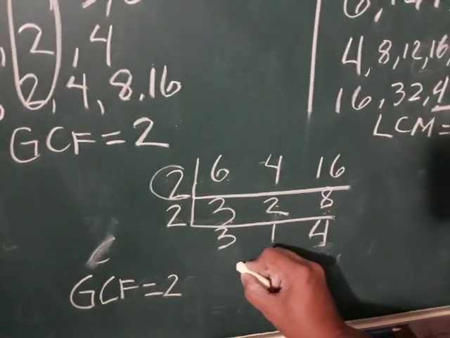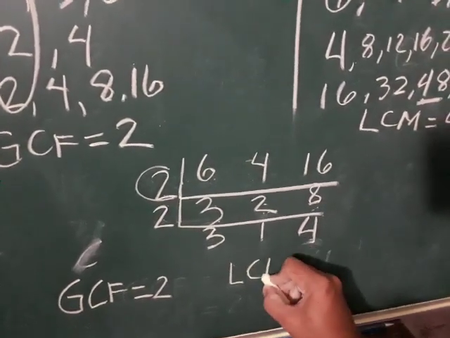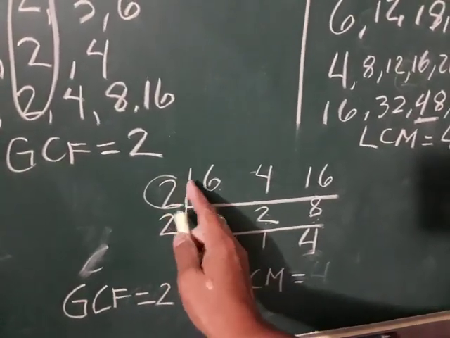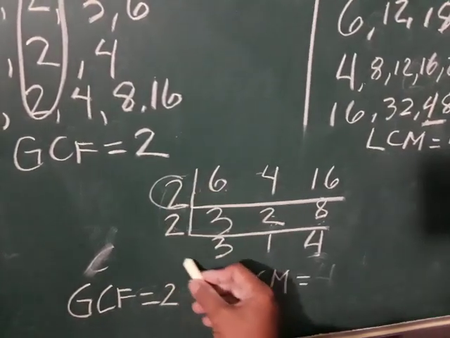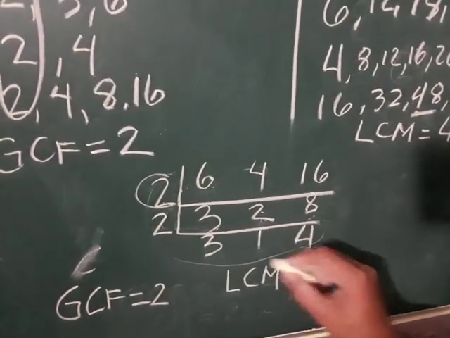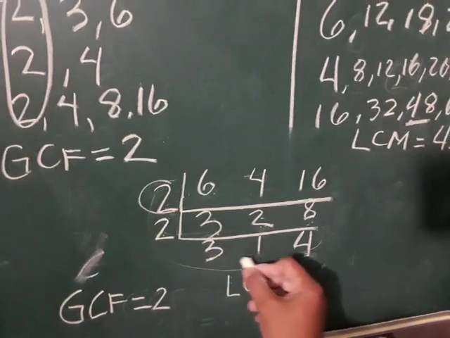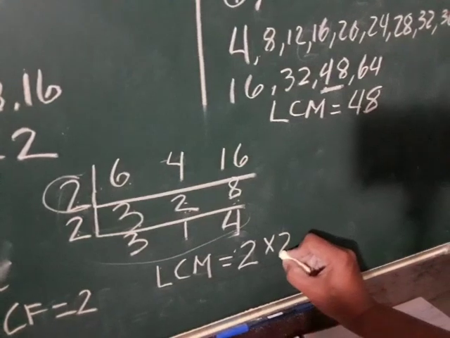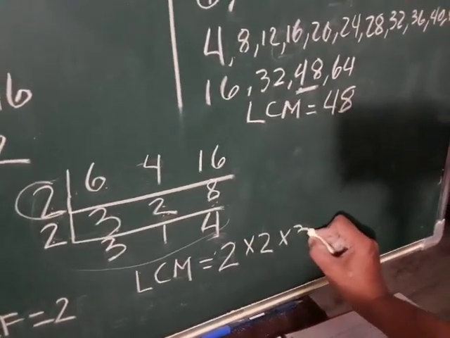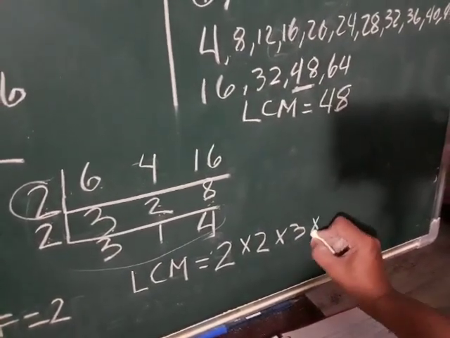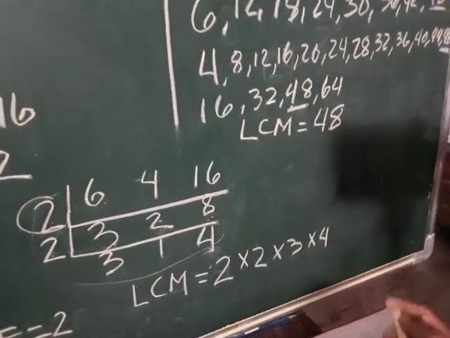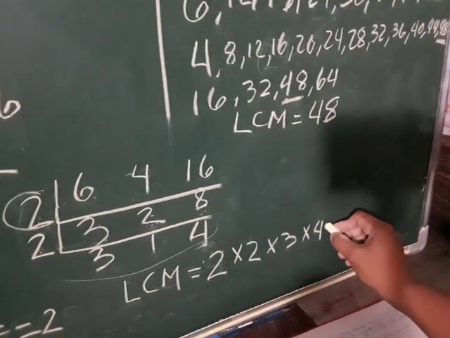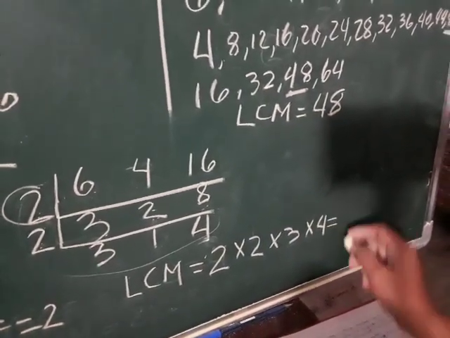How to get the LCM? So LCM is equal to, of course, we're going to multiply all the numbers outside. Okay, so we have 2, 2, 3, 1, and 4. So 2 times 2 times 3 times 4. As I have said a while ago, no need to multiply 1 because any number multiplied by 1 is equal to the number itself.